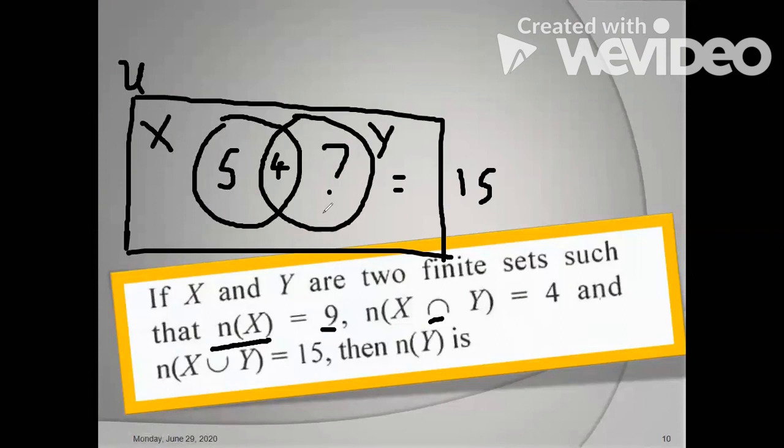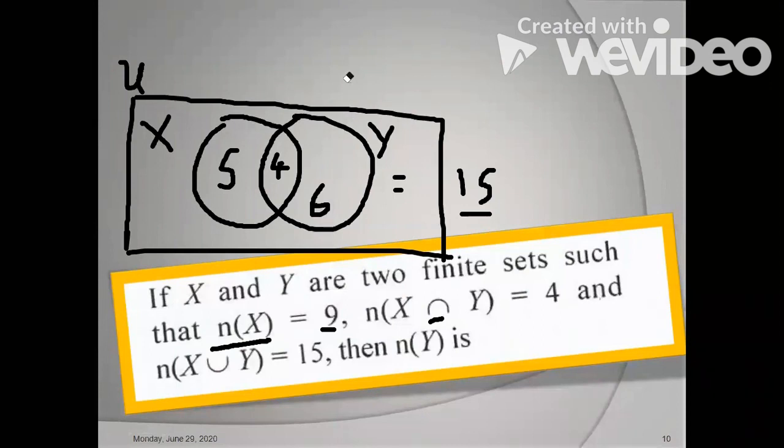So 9 plus what will give us 15? It has to be 6. So check this out now. What is 4 plus 6? 10. What's 10 plus 5? 15.